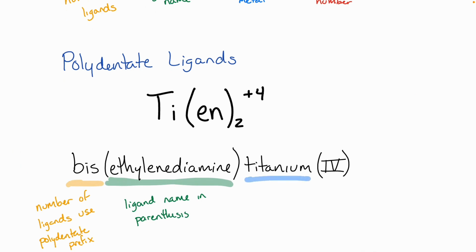I got my transition metal. And finally, the oxidation number on that transition metal. All right, so we have to switch up just a little bit our procedure for when we have a polydentate ligand.